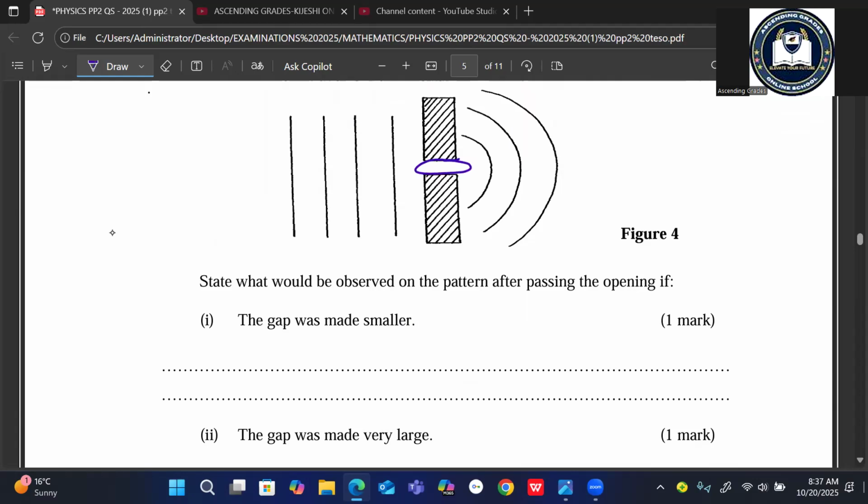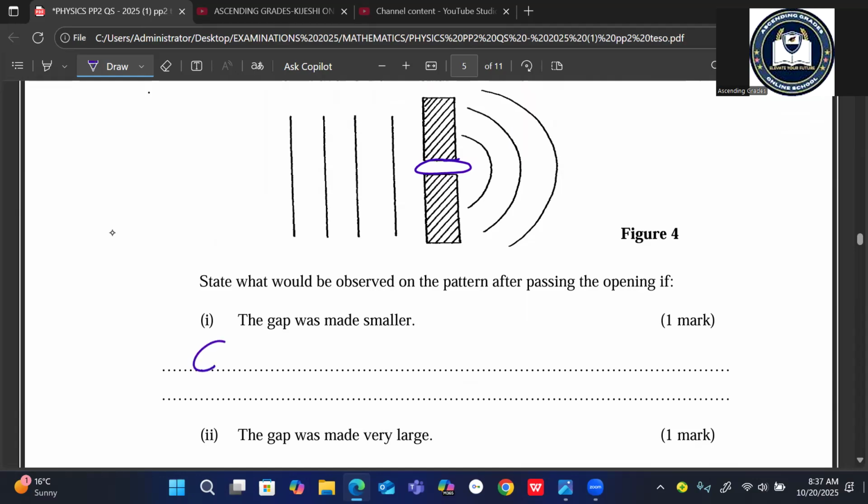If this gap was made smaller, then we expect circular waves to be produced. And the other thing is that the distance between the waveforms also increases.